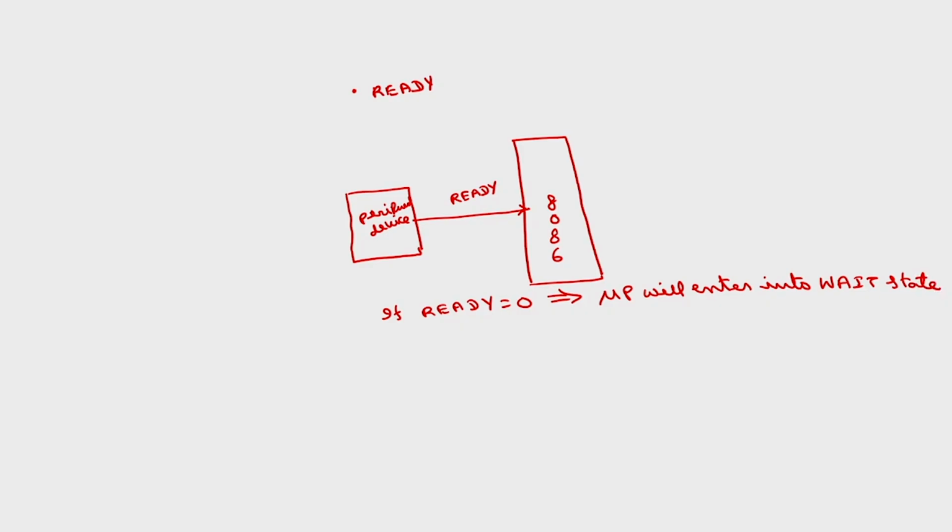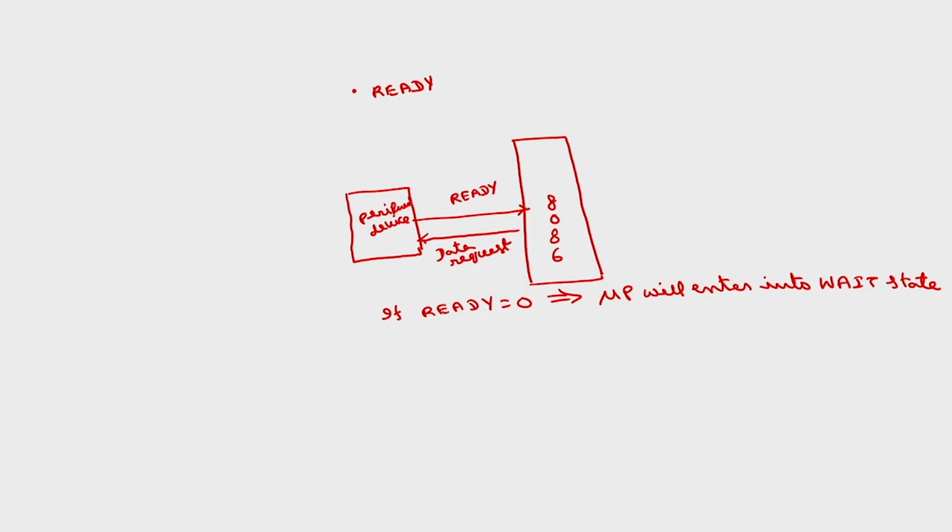This is something like when the microprocessor wants to take data from a peripheral device. Normally, the peripheral device is slow compared with the 8086. So the microprocessor first initiates a data request. If the peripheral is ready to give the data, it will send high on the ready signal.